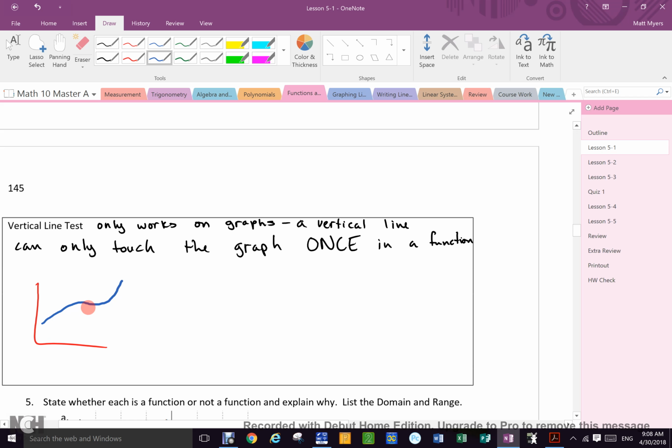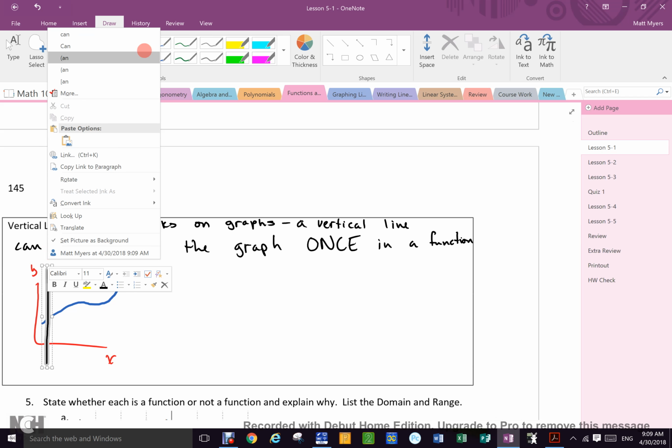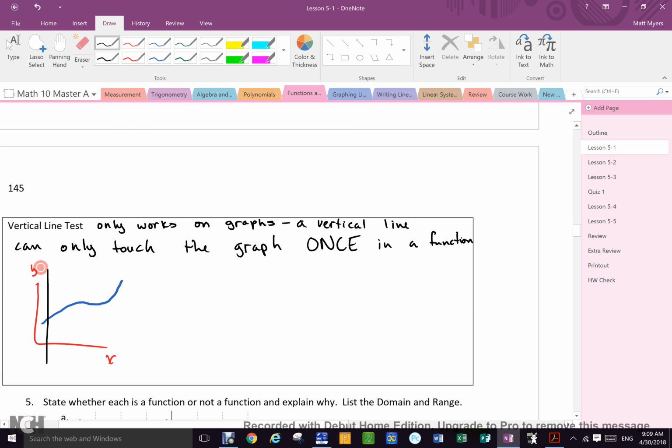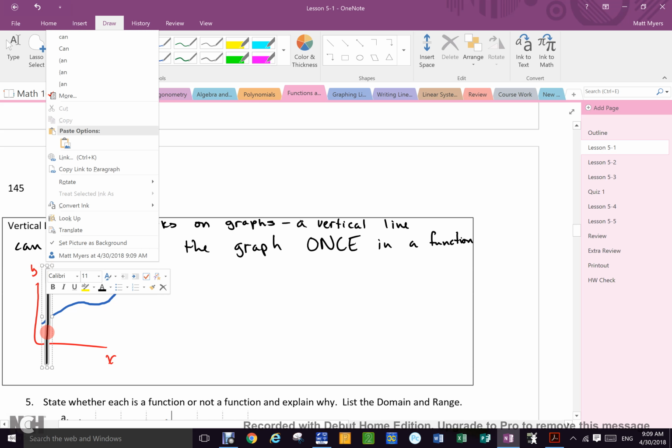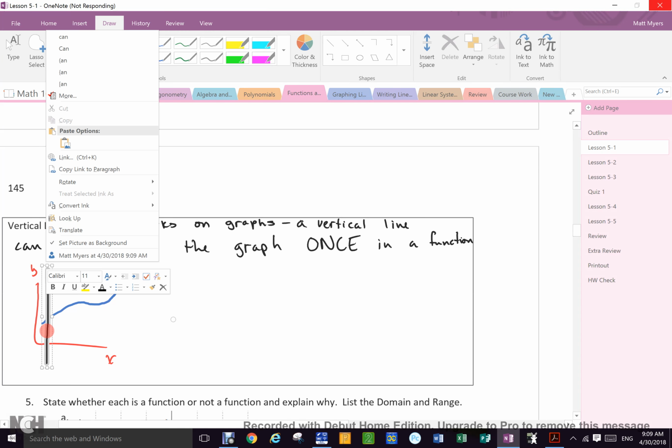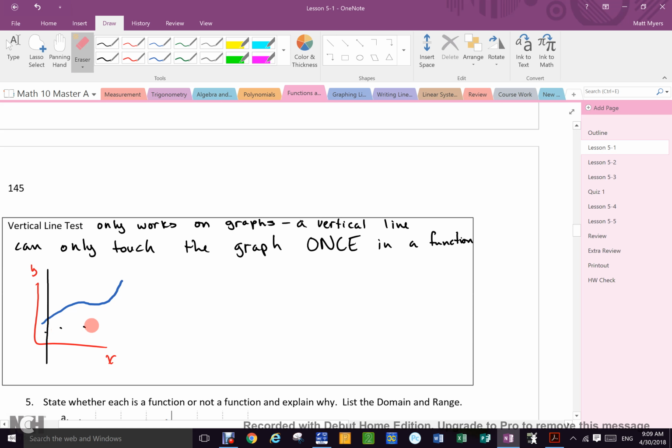There's a graph, yes? It's got X's down here. It's got Y's up here, yes? If I take a vertical line, please notice that anywhere I draw a vertical line, how many times does it hit the graph?